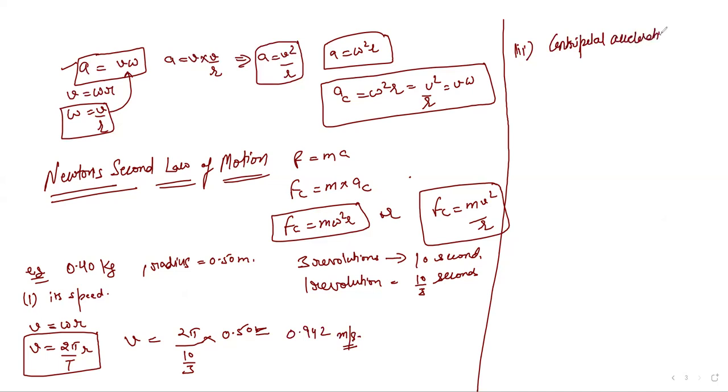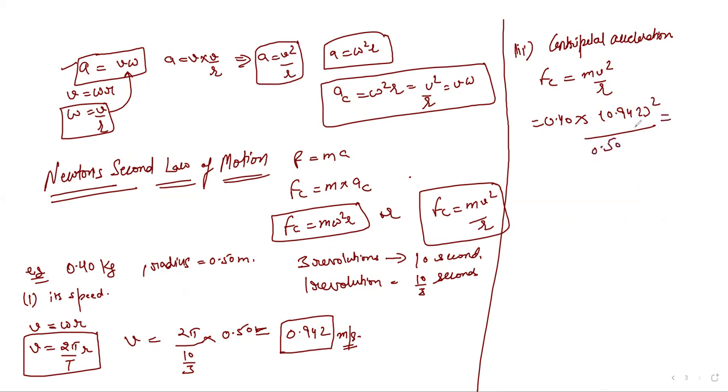Centripetal acceleration we have to find. We have done that force is equal to mv square by r. Mass is given as 0.40 kg, multiplied by velocity square. I will suggest that if you have taken a rounded off value, when you are calculating, take the original value, or you can take this 0.942 square divided by r. R is 0.50.